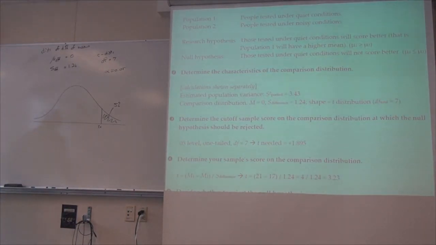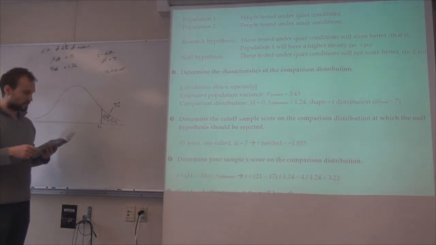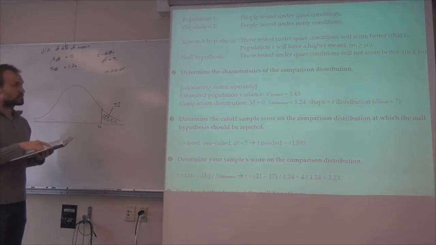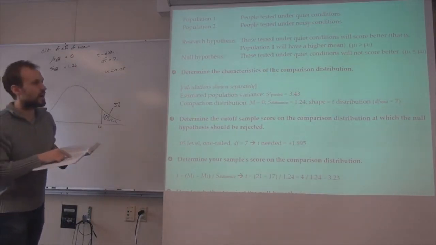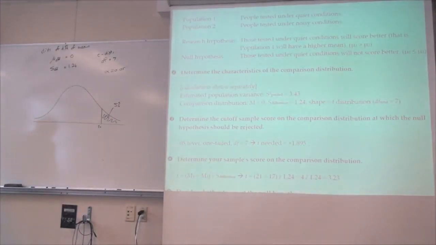So that I can use the table, I'm looking at a one-tailed test, 5%, 7 degrees of freedom. I get 1.895, which agrees with the slides.